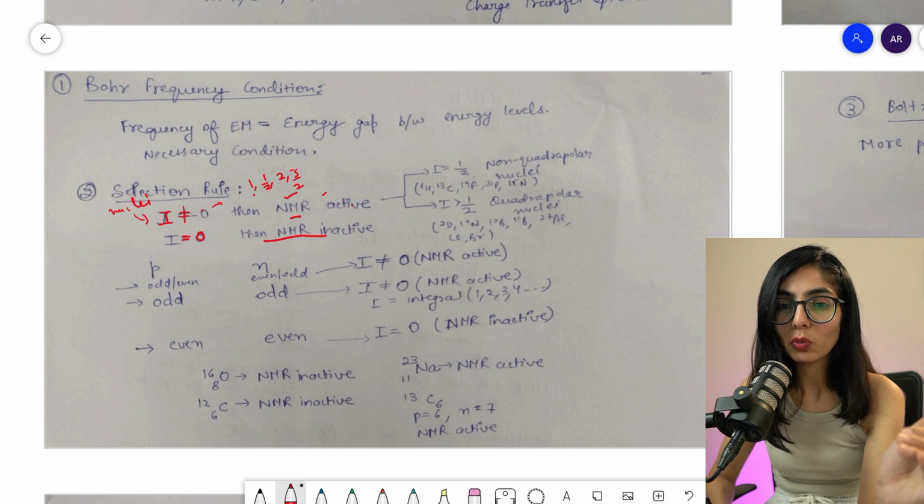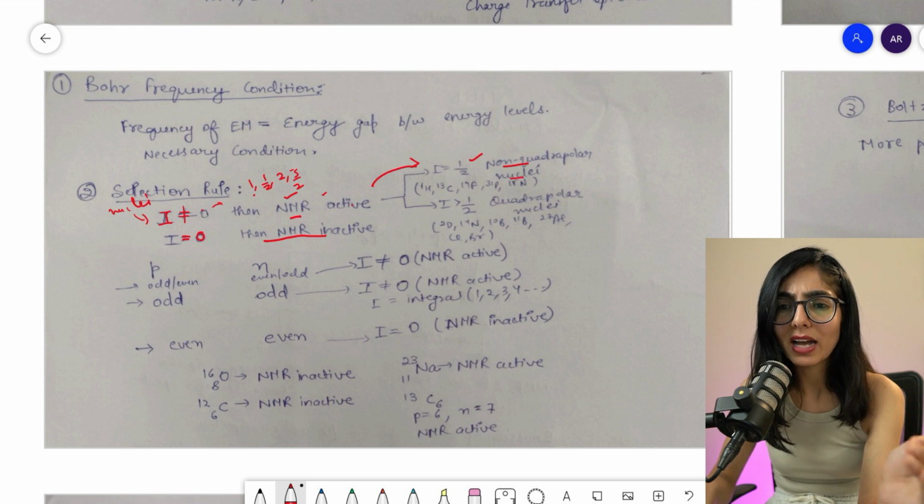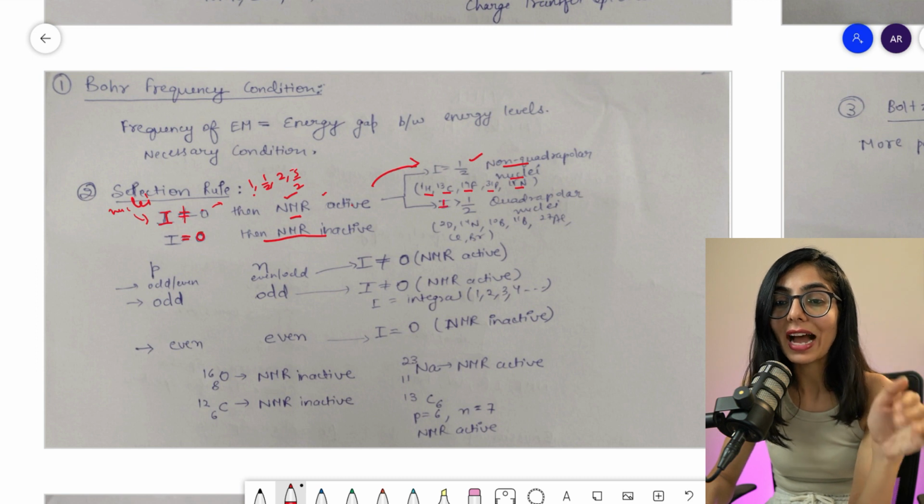So if I is not equal to 0, we'll head to the next thing. If I is equal to 1/2, then that nucleus is called a non-quadrupolar nucleus. Some examples are 1H, 13C, 19F, 31P, 15N. And if I is greater than 1/2, then that nucleus is called a quadrupolar nucleus.